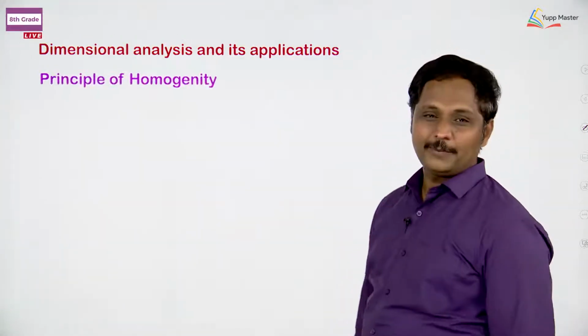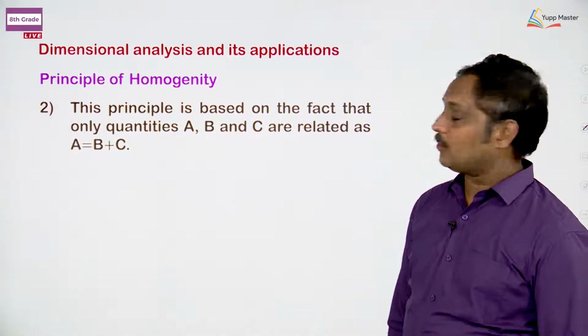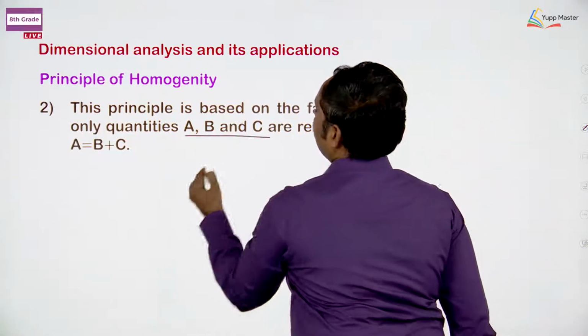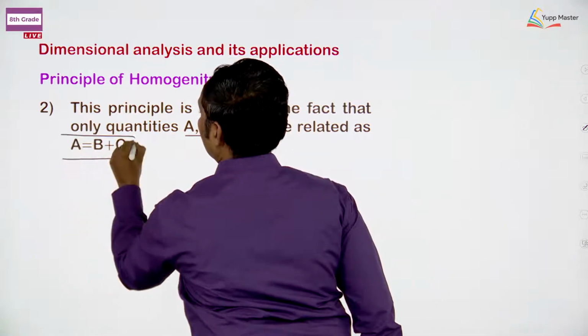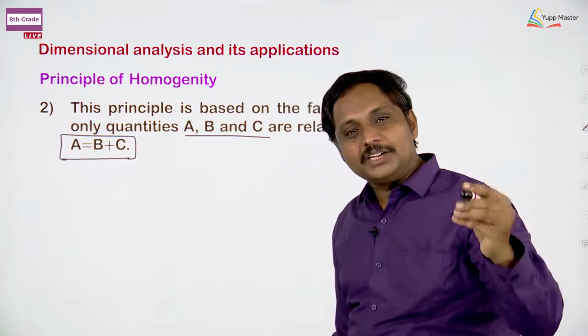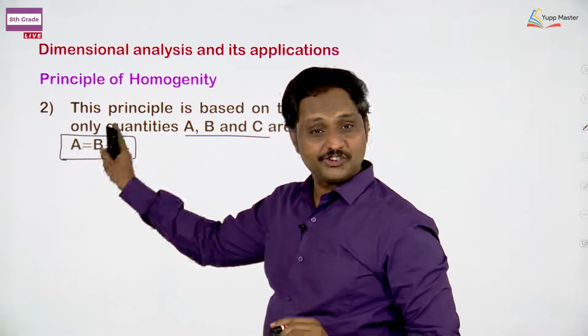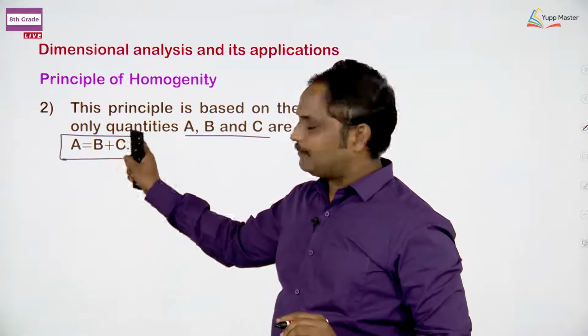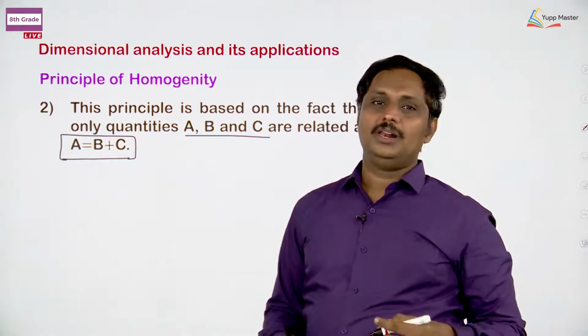Its application, the principle of homogeneity. We have discussed that based on this fact only the quantities A, B, C are related. A is equal to B plus C. If you find that D is one kind of physical quantity which has the same dimensions as A, then you can write A is equal to B plus C plus D also, no doubt at all.